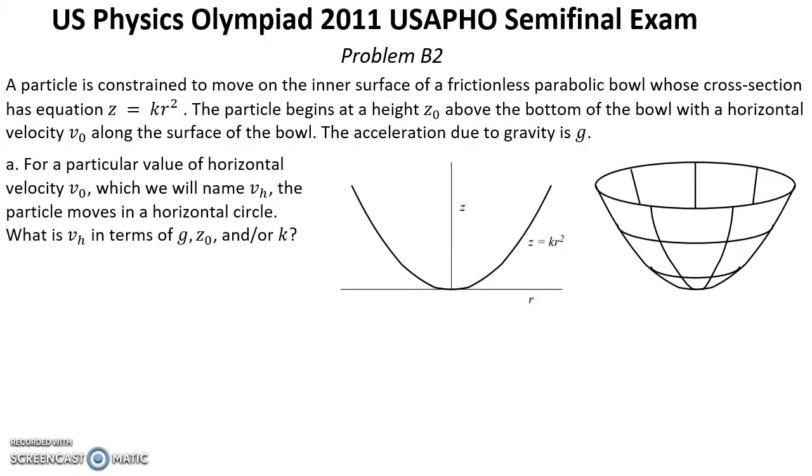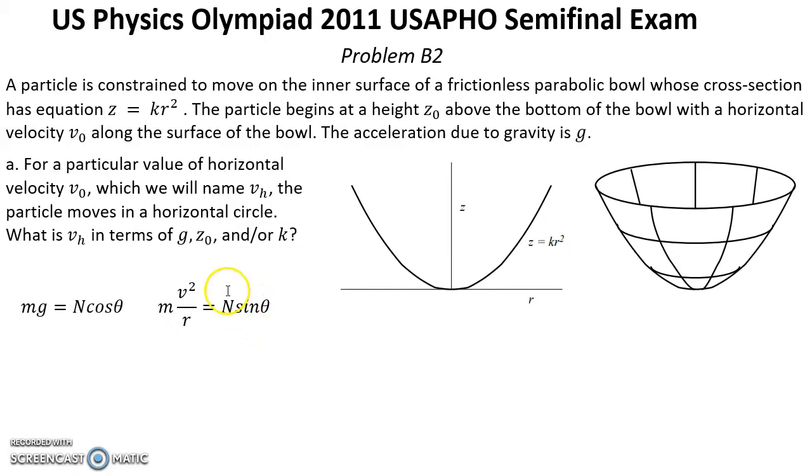In vertical, we have this equation that mg must be equalized by the normal force multiplied by cosine theta. In horizontal, the normal force multiplied by sine theta creates a centripetal force to move in a circle, which is this equation: mv squared over r equal normal force multiplied by sine theta.